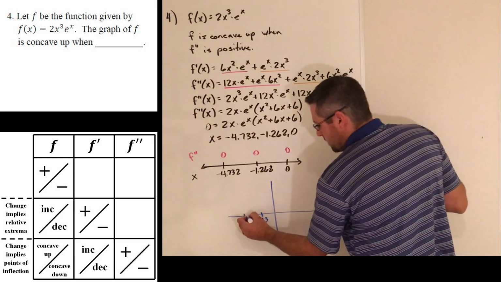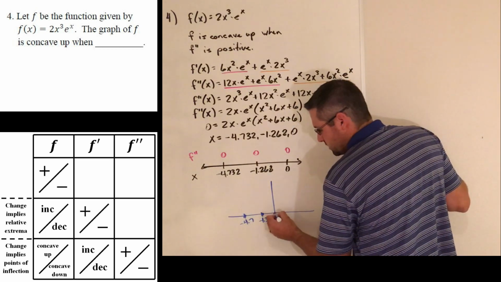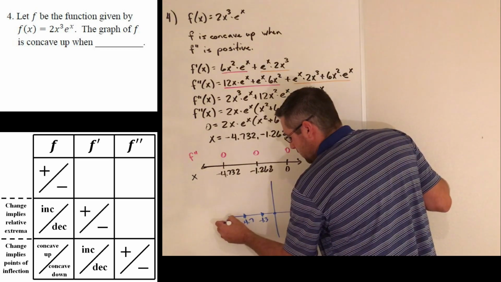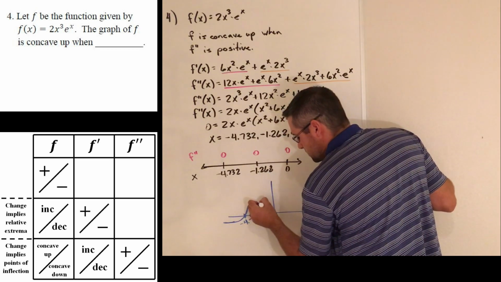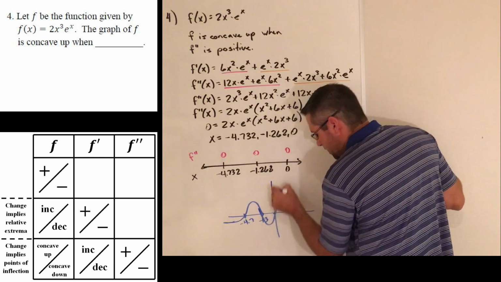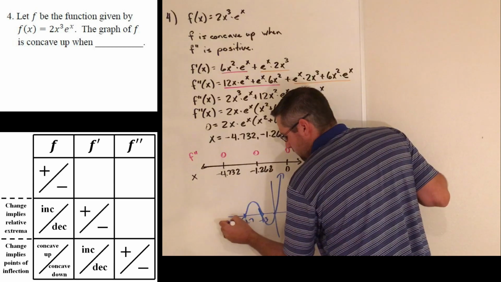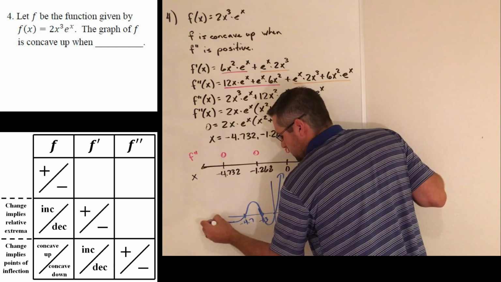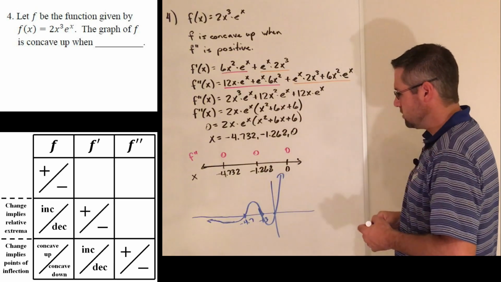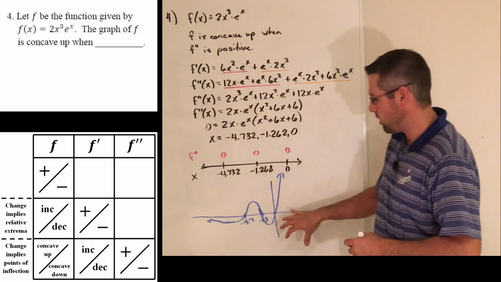And we know that it hits these 3 points. It starts low, and then it comes up, and it goes down, and then back up, and it goes up forever like that. And then over here, I think it's approaching the x-axis, so we have an asymptote on that side. So that's what the graph of f double prime looks like.